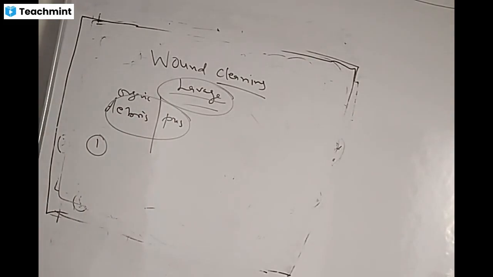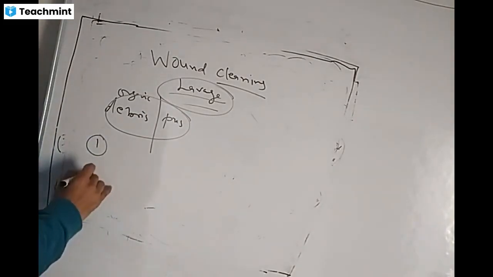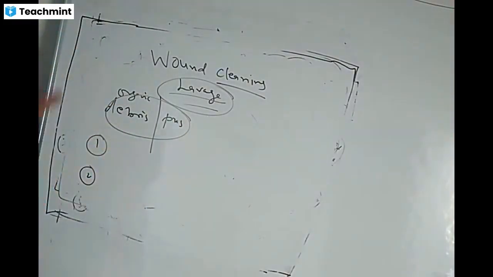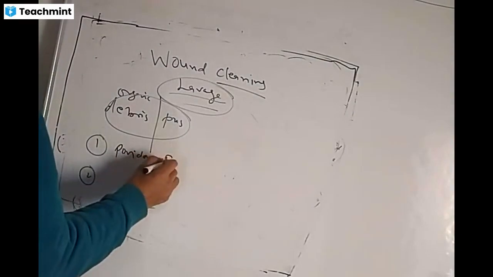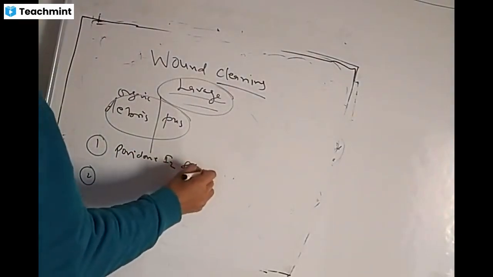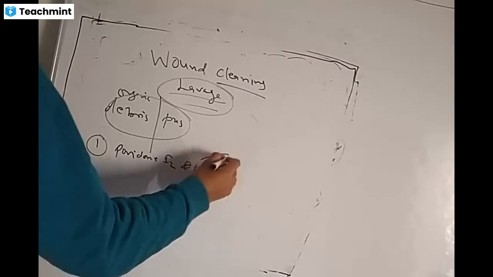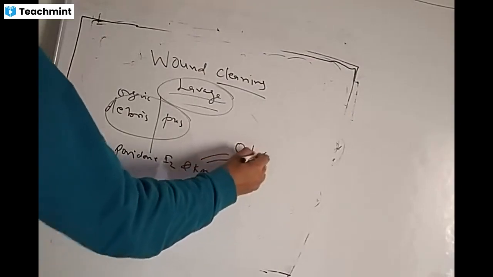For this, just remember only two. First is your povidone iodine and KMnO4. Both are used at 0.1%.